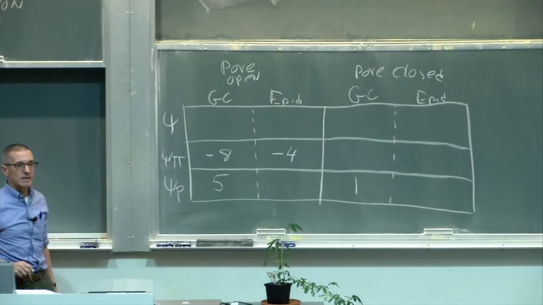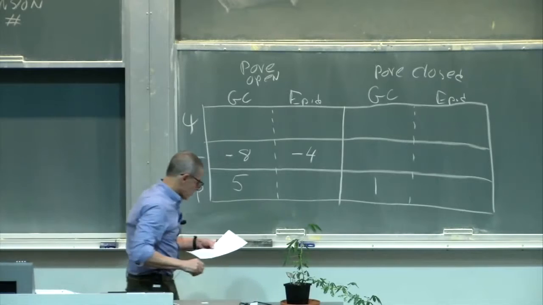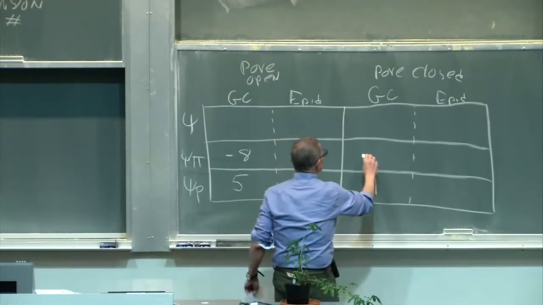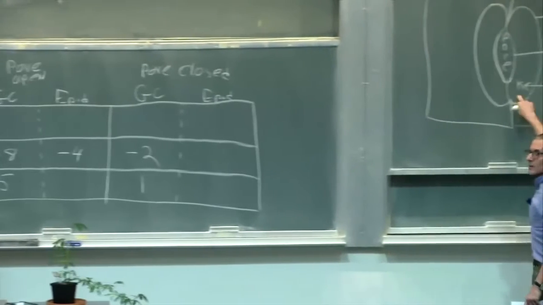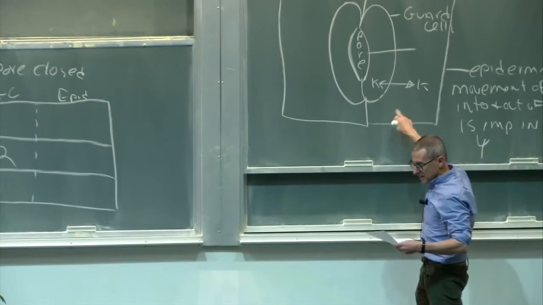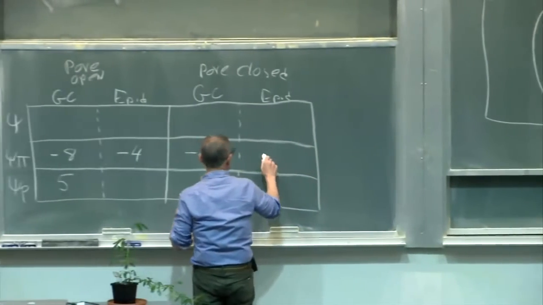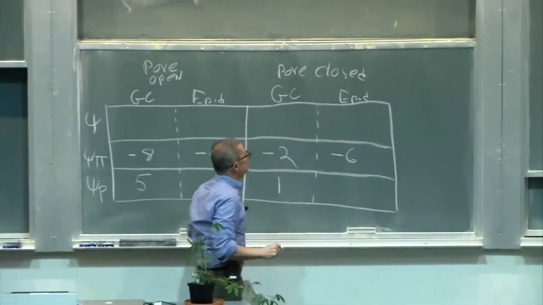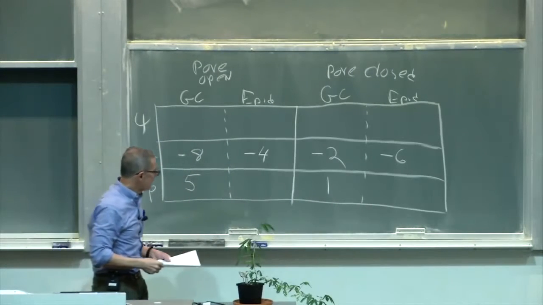How about in the closed situation? We're moving potassium out of the guard cell into the epidermal cell, and now the potassium has increased in the epidermal cell. Everybody clear on this?